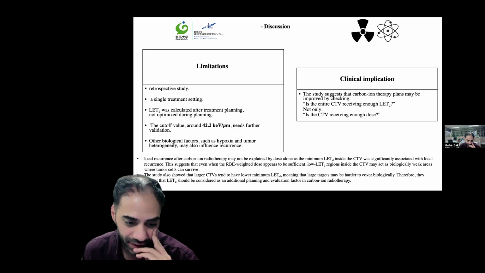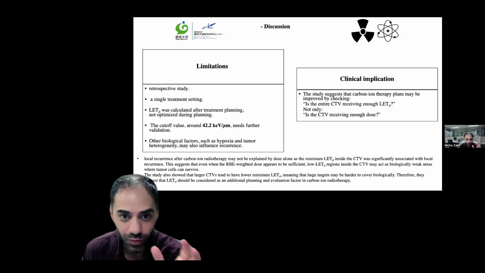This study has several limitations. It was a retrospective study and it was performed in a single treatment setting. Also, the dose average LET was calculated after treatment planning, but it was not directly optimized during the planning.